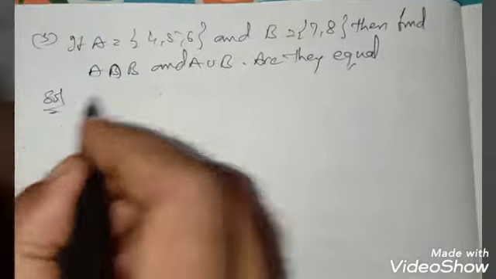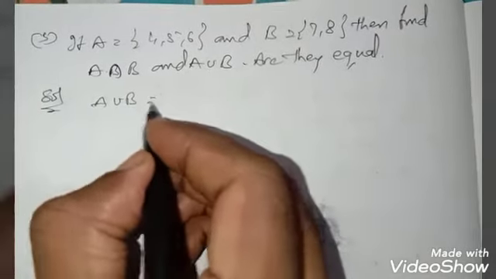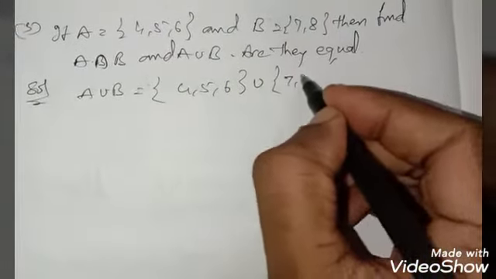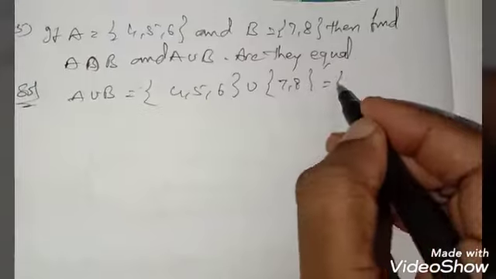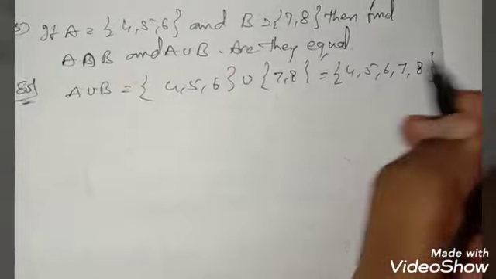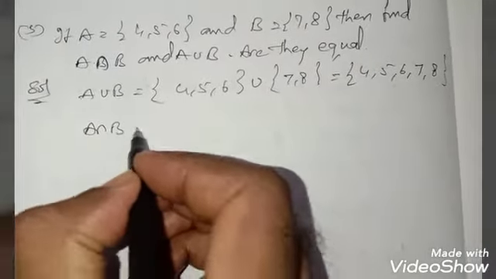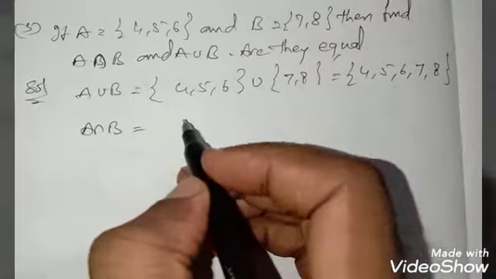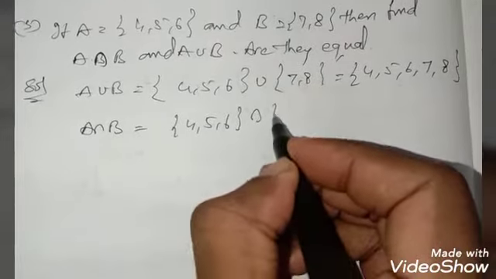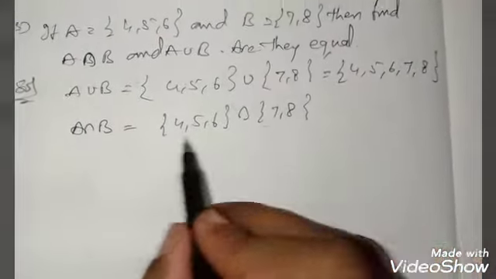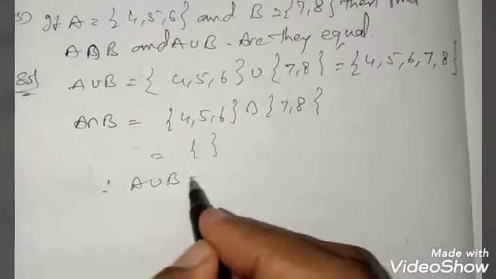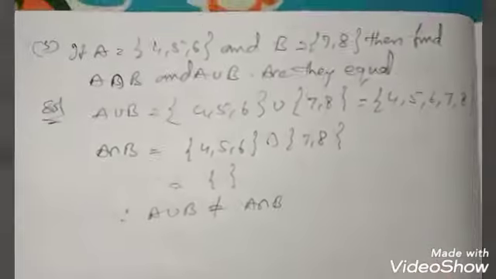First find A union B. That is {4, 5, 6} union {7, 8}. Union means you combine all the values, that is {4, 5, 6, 7, 8}. Next, A intersection B is {4, 5, 6} intersection {7, 8}. Do you have any common values? No, so the answer is phi. So A union B is not equal to A intersection B.